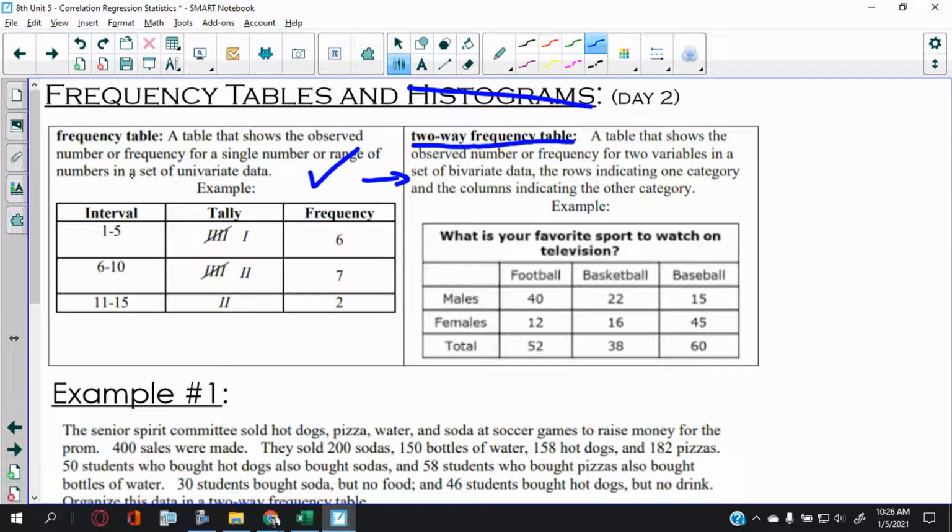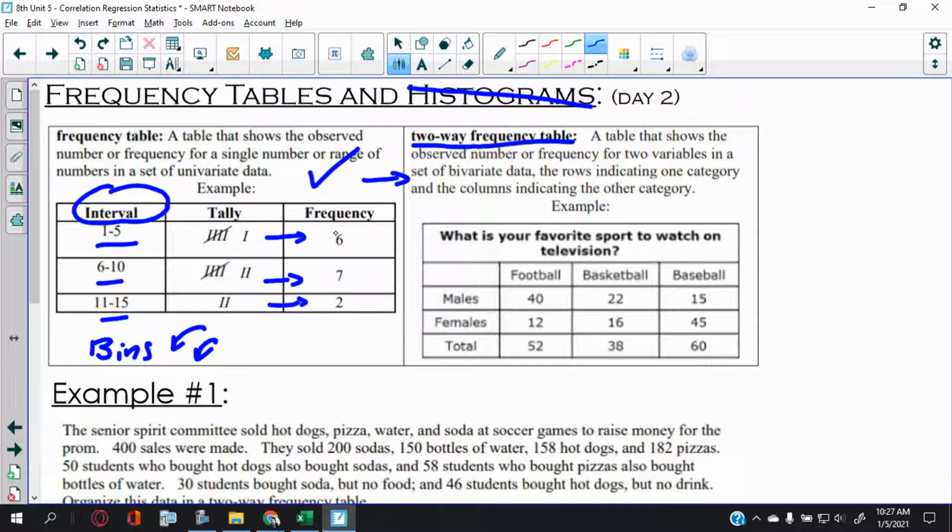For the past day or two, when we talked about frequency tables, it only tells us one piece of information. It breaks things down into different bins, called intervals, and by putting numbers into these bins using a tally and then a frequency, it just tells you how many numbers fall between 1 and 5.